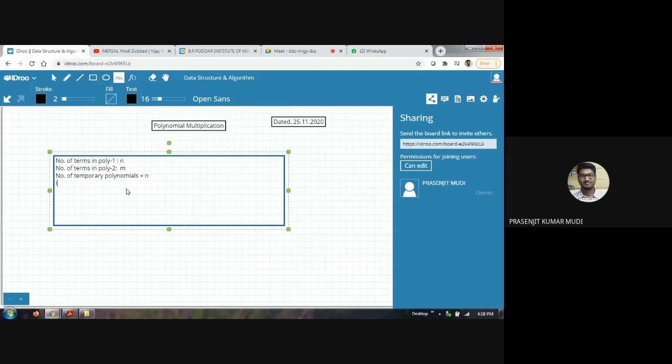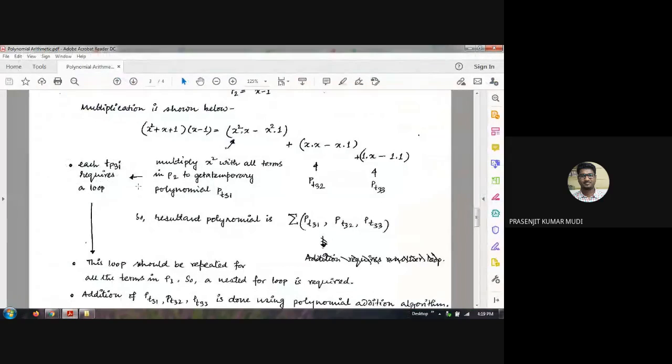So the number of terms in each temporary poly is equal to m. Okay, so that is fine.